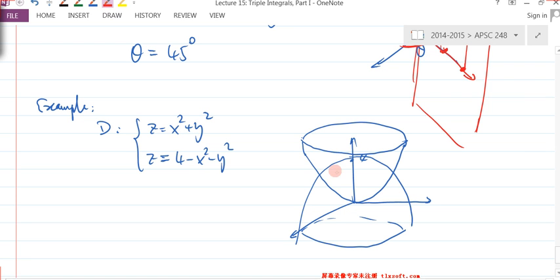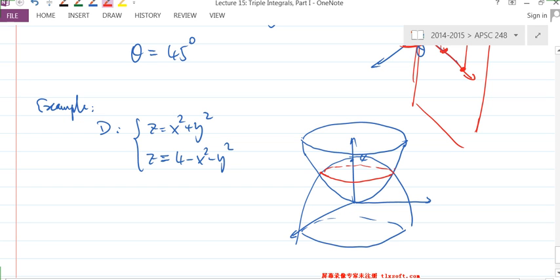Apparently there will be an intersection between the two surfaces, and I can tell you it's going to be a circle, and we'll figure out why it's a circle. Is that good? Okay, so the question is, how do we get the volume of this region? Now this is everything in terms of x and y, so I think you can try out the Cartesian coordinates.